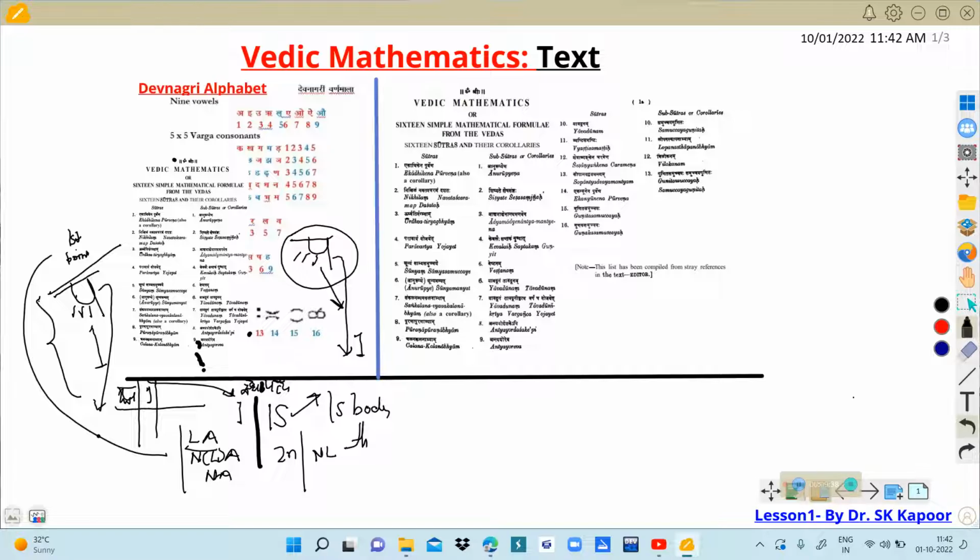So the first stage of initiation for the Vedic mathematics domain is to have firm comprehension of these text features. We have to acquaint ourselves with these forms.